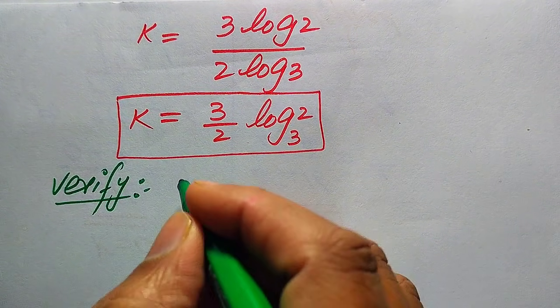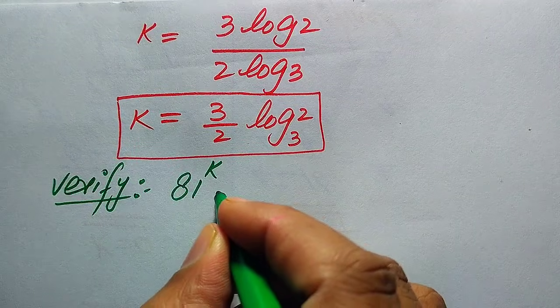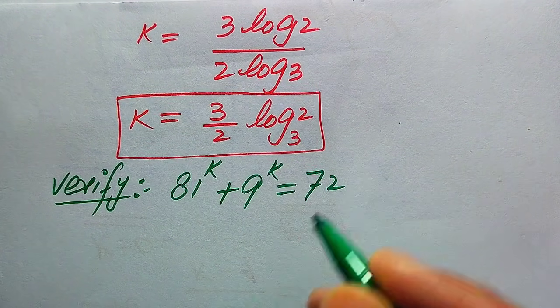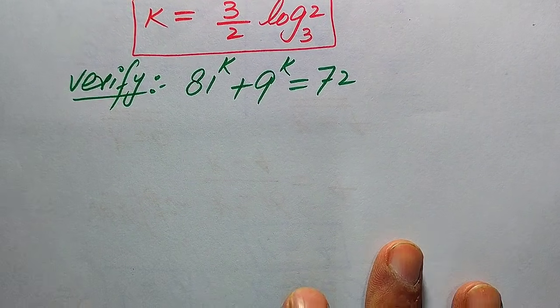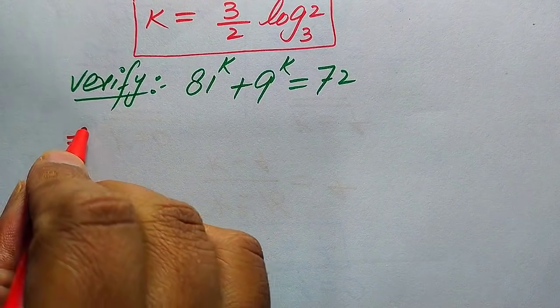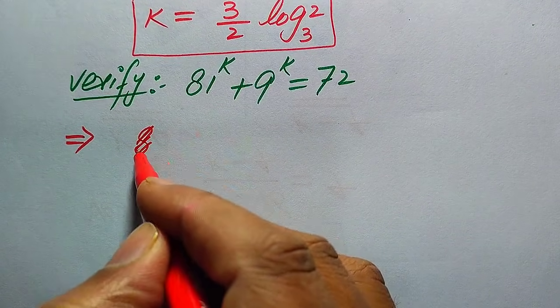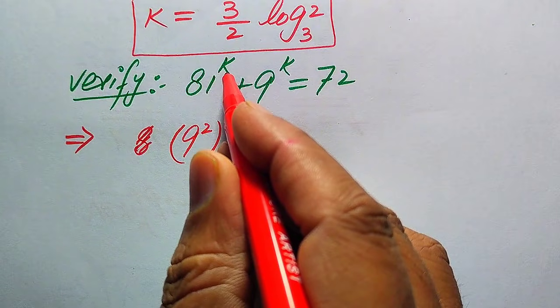So for verification we need to copy down the given question statement. Here it is 81 to the power of k plus 9 to the power of k is equal to 72. And here we substitute the value of k into the left-hand side and we check its behavior. So we have 81, we write this 81 as 9 squared, and its exponent is k.